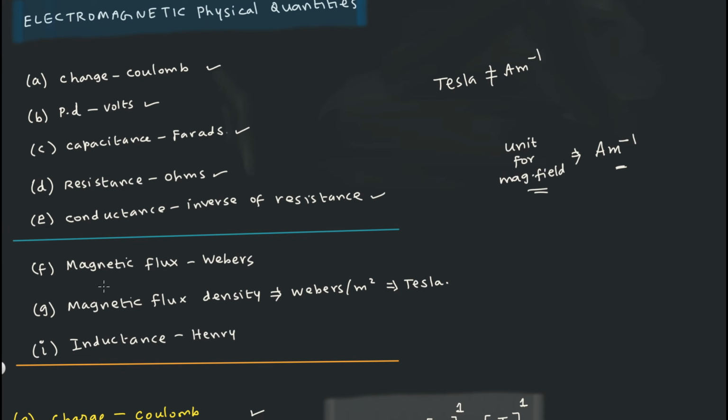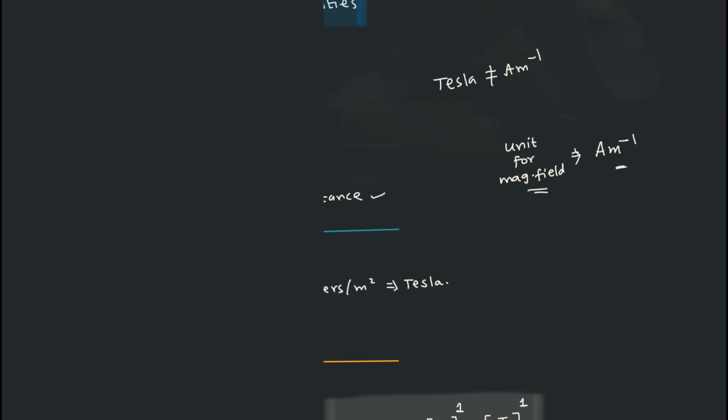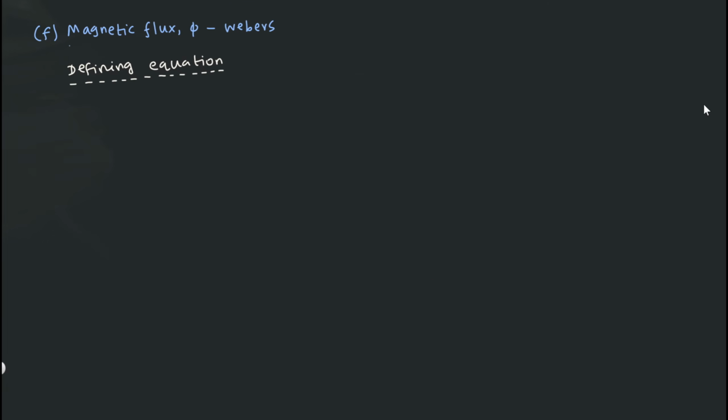So now we will start with the magnetic flux. Now coming to the case of the magnetic flux, we will write down the defining equation, and you have to think a little bit about what equation you can use. Once again, the equation is going to be simple, namely Faraday's law. Faraday's law tells you that the EMF, which means voltage, generated in a circuit is equal to the rate of change of magnetic flux.